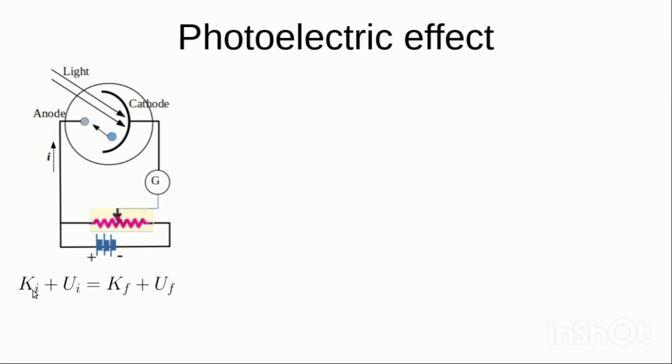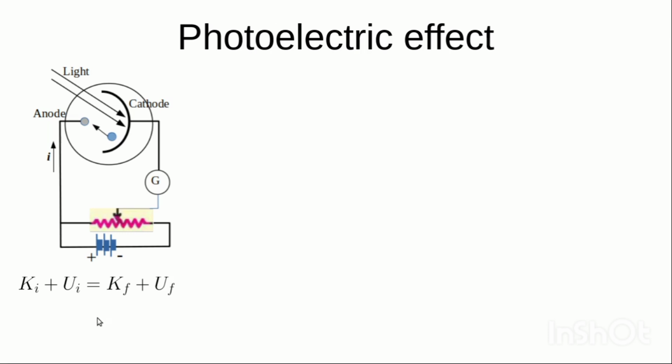The potential there, because the electron is just about to leave the surface, will be 0. This must be equal to K final. When the electron gets to this point, it stops, so K final will be 0. The potential here, because the electron travels inside the electric field established between the anode and cathode, will be electron charge times the volt.